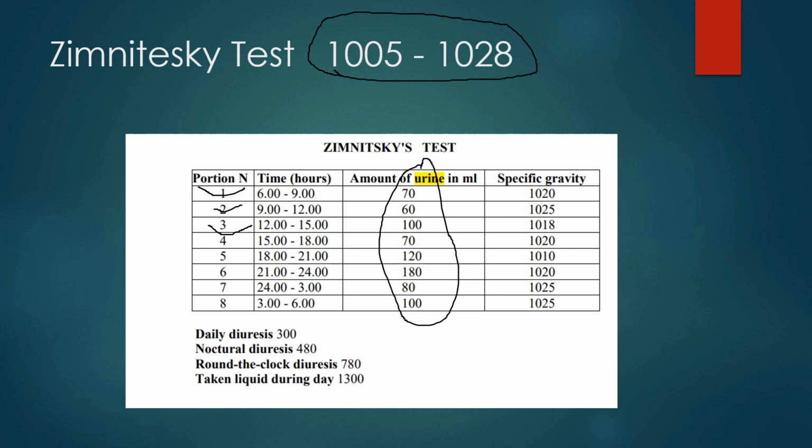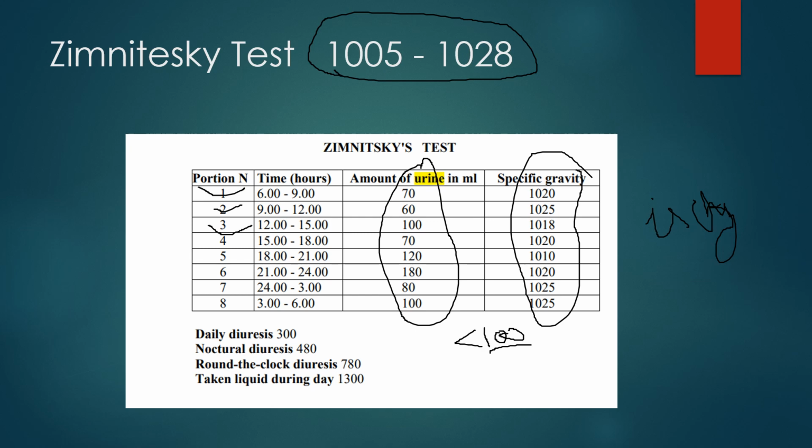If at any time the amount of urine is less than 100, then we are talking about the condition of ischemia. So you can write this is the condition of ischemia.